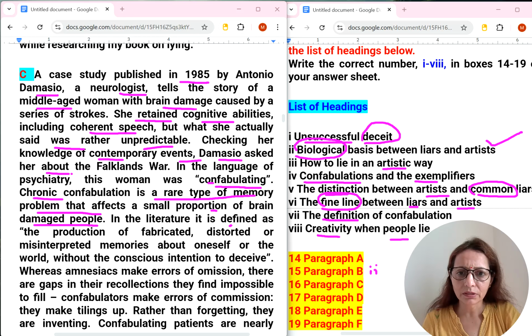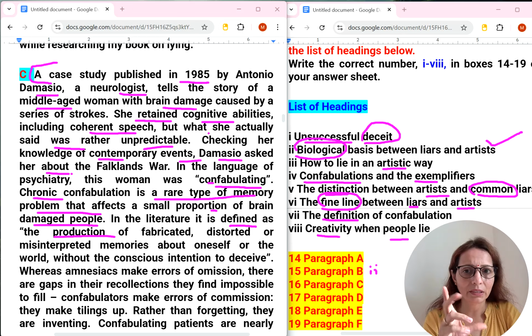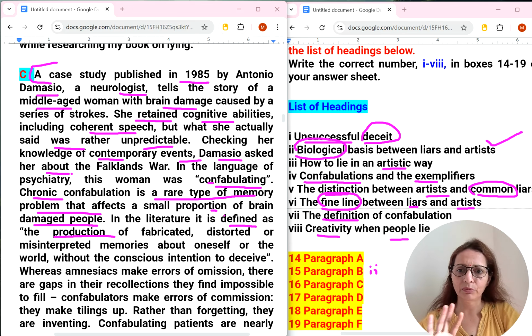In literature, it is defined as the production. So what is defined? Confabulations. So here, starting, they were telling about one example, and after that, they are telling the definition of confabulation. So definitely I will mark this fourth one with the C paragraph.